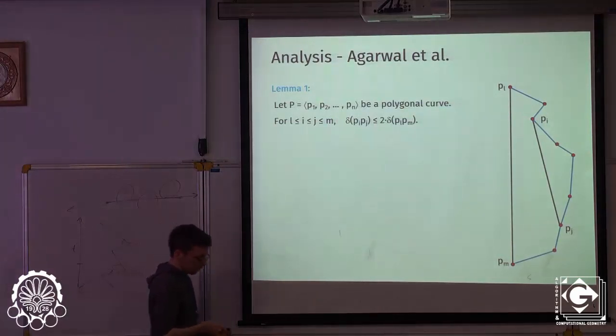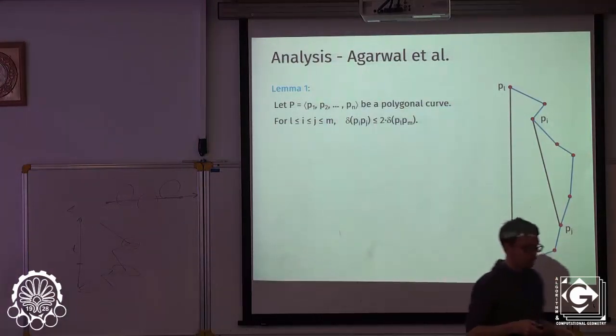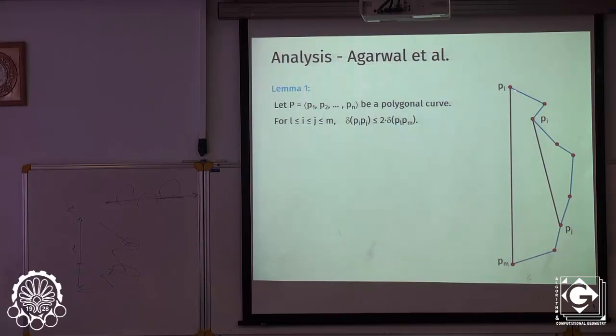And an important observation here is that if I have a long segment here and I have a nested one here, so this goes from an i to a j, which is between L and M, then the distance from this segment to the subcurve can be worse than the distance from this segment to that curve, but not much worse.